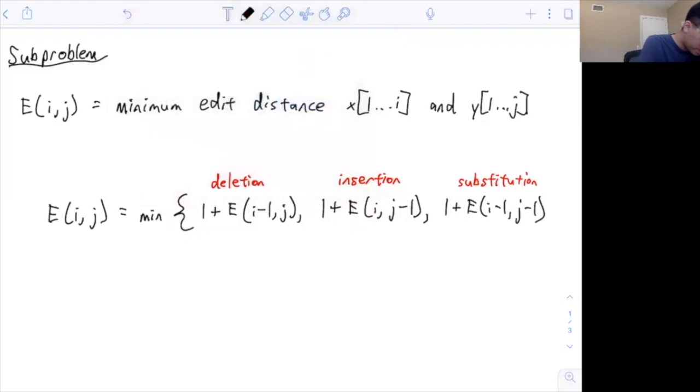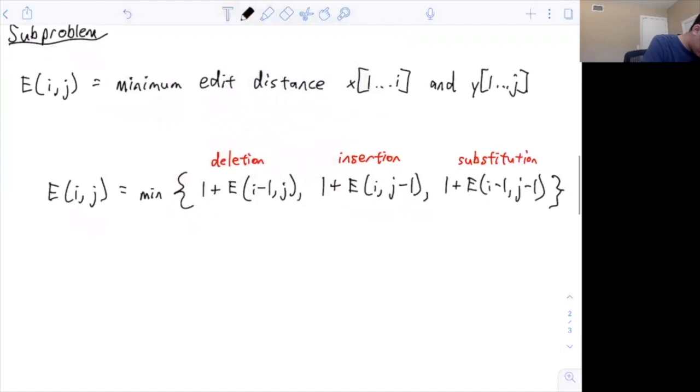But of course, this is only if x of i is not equal to y of j, meaning the ith character of x is not the same as the jth character of y. When the characters are not the same, we need to make an edit.